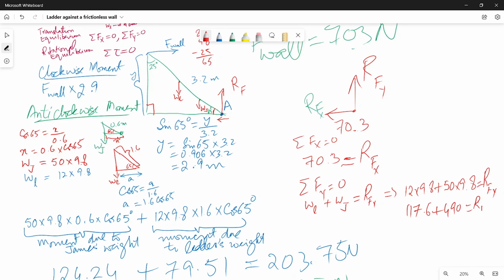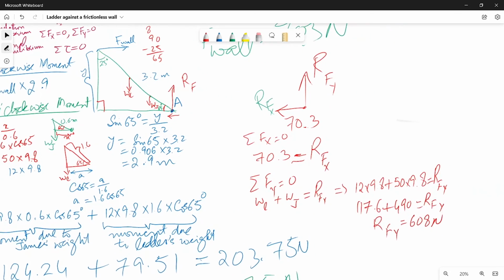If we add both of them together, we get RFy, the reaction in the vertical direction. That comes out to be 607.6, so rounding off to one, this comes out to be 608 Newton.